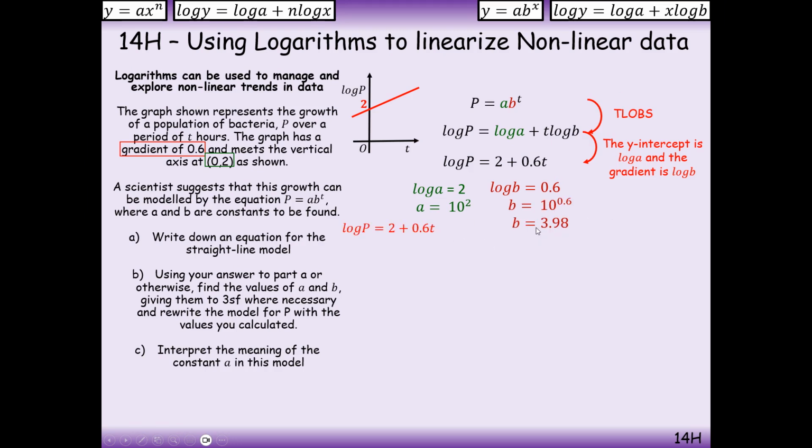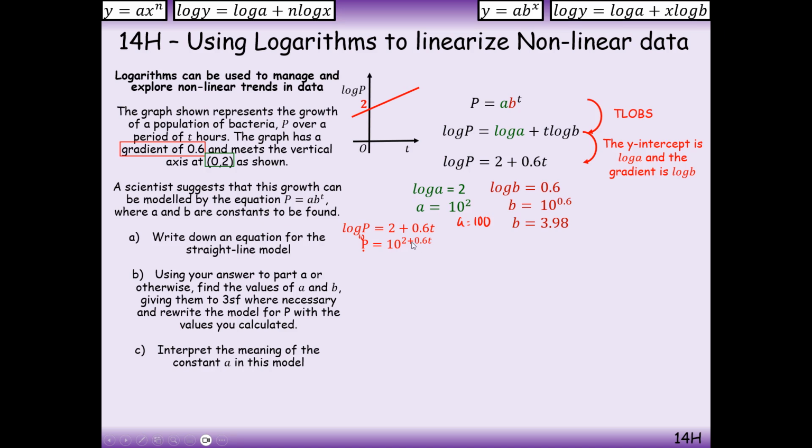So this is what we would get for a and b, and then putting them back together. Part B is saying figure out the value of a and b to three significant figures. That means, well, yes, I haven't written it, but a is 100, and then putting it back into the model. Notice that the model here is log of base 10. Therefore, to get p, I'm using base 10 like so.